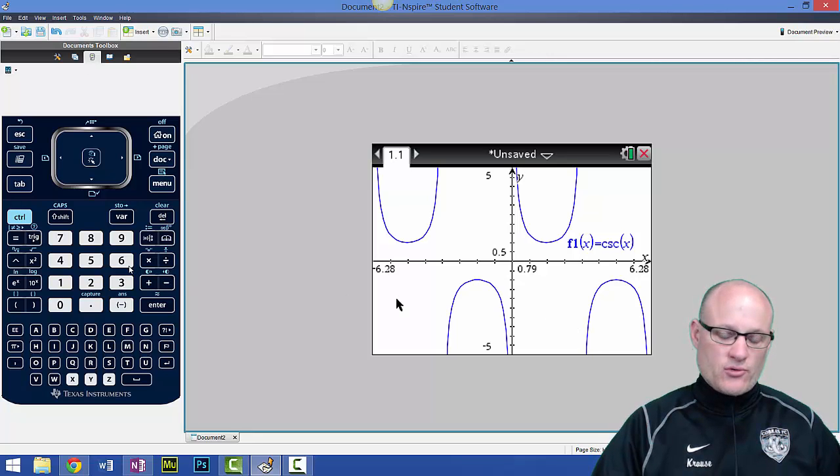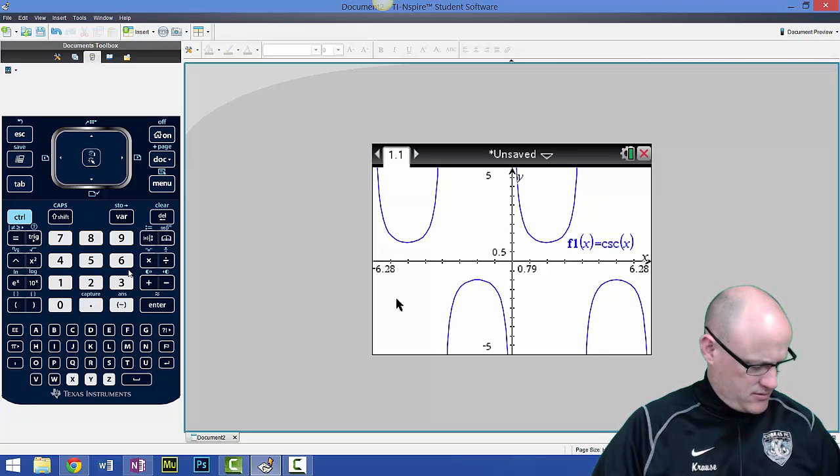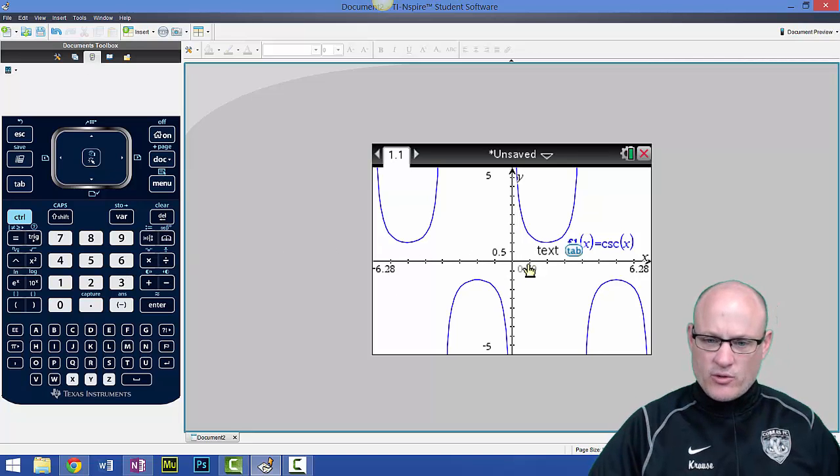So let's think about this curve. Oh, well, isn't every one of these pi over 4? So that's pi over 4, that's pi over 2, 3 pi over 4, and this would be pi. And this would be negative pi. And then we have one at 2 pi, and we have one at the origin. So we're going to go draw our asymptotes in.